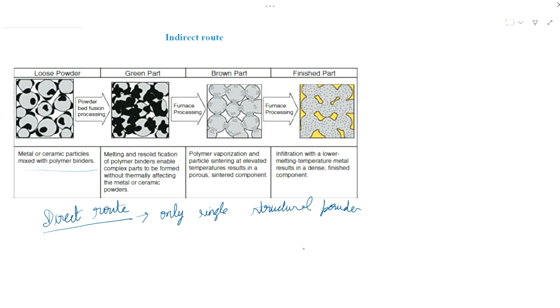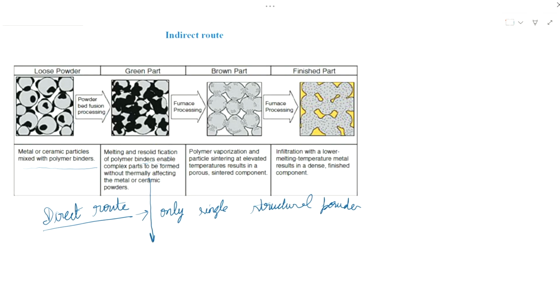In this, melting and resolidification of polymer binders enable complex parts to be formed without thermally affecting the metal or ceramic parts. This means that in the case of sintering, we have to choose the temperature between half of the melting point, Tm by 2, and Tm. So what will happen is that in the quality of the final product, there will be a lot of residual stresses.